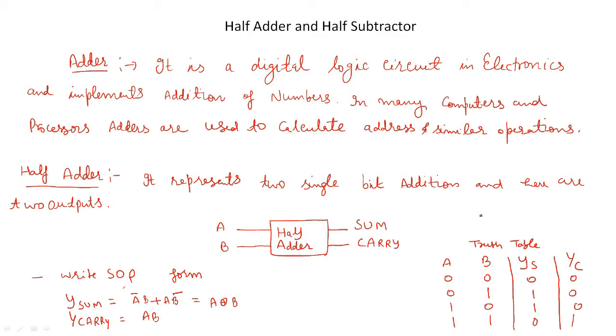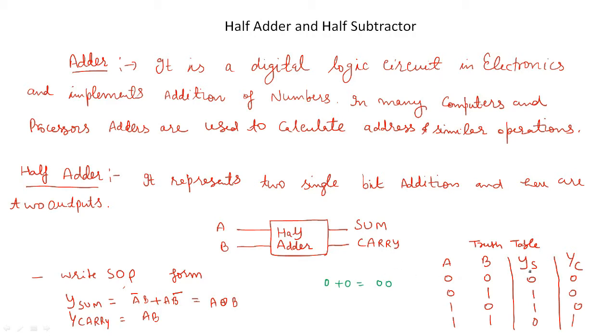Now we can make a truth table for the half adder. These are the inputs A and B. This is the sum of the two bits and this is the carry of the two bits. When the first input is 0 and the second input is 0, then 0 plus 0 in binary addition can be written as 0 0.